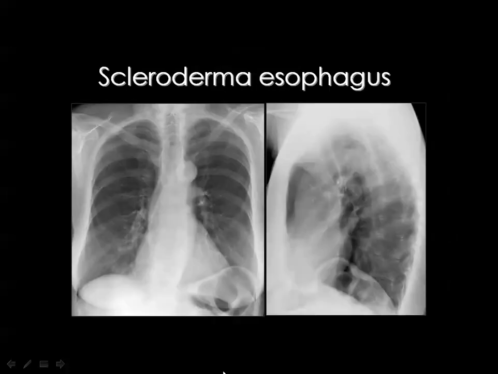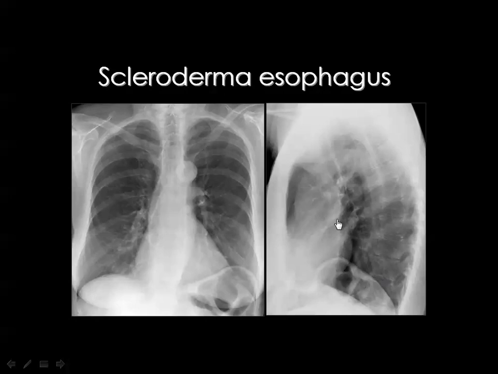And this can also be identified on the chest radiograph, where this is the esophagus, as you can see, which is markedly dilated and filled with air. This is not usually seen in the normal population, since the esophagus is usually collapsed and may contain a little amount of air in a small part of it, not throughout the whole esophagus.